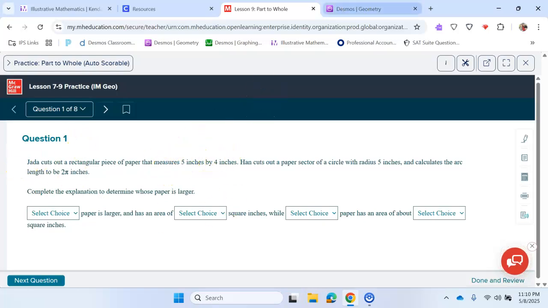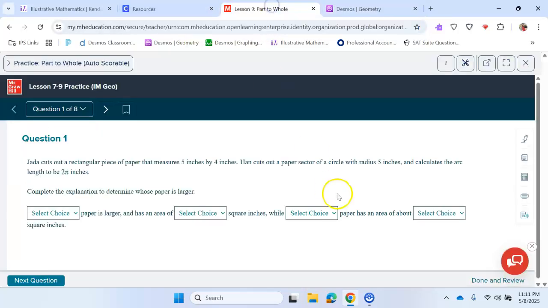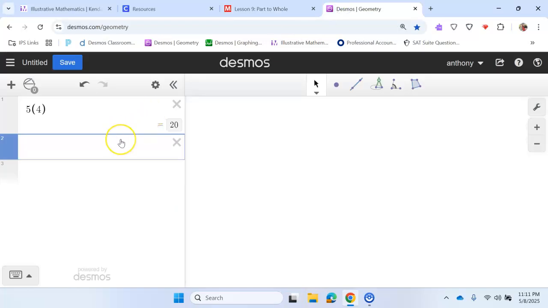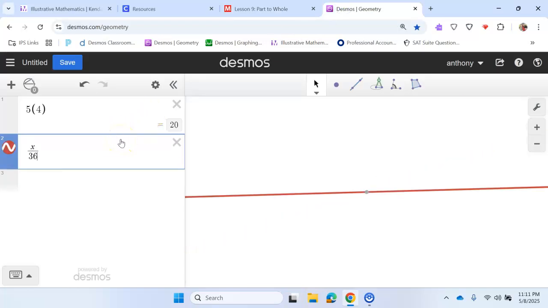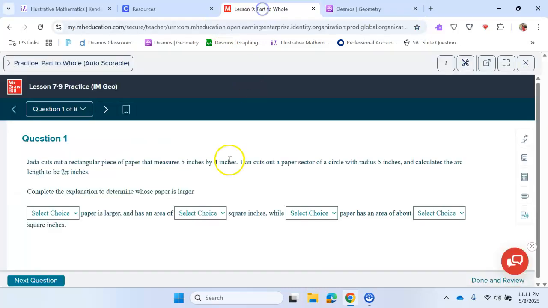Jada's paper is 5 times 4, which is 20. And to calculate the area of Han's paper, we have to find the central angle, which is x divided by 360, times the circumference, which is pi times diameter, and that equals the arc length, which is 2 times pi.